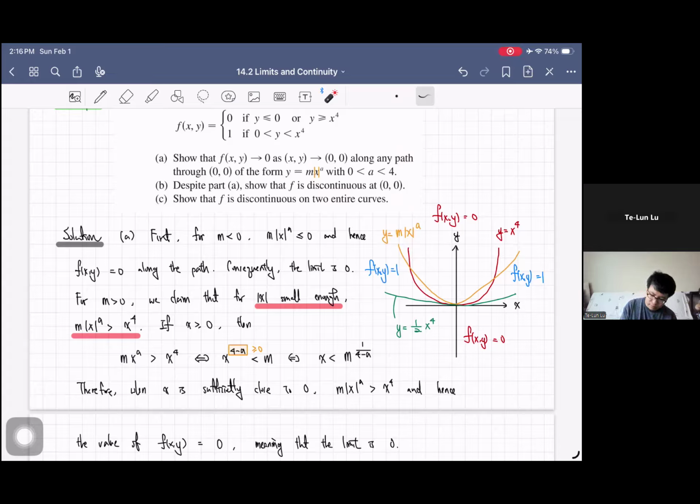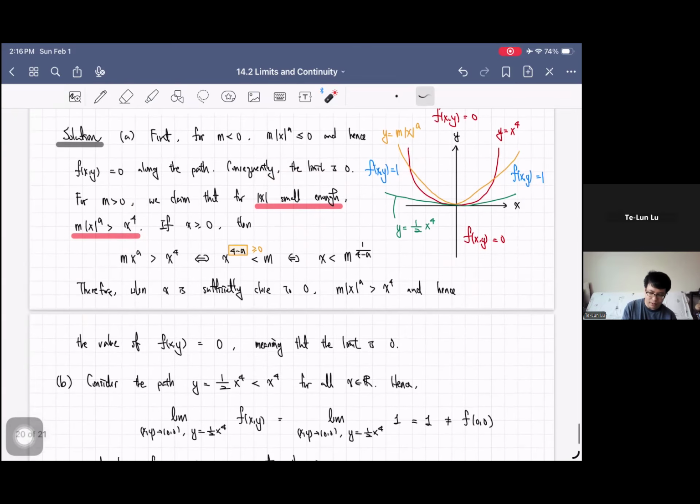So we claim that, as I mentioned, when x is small enough, then the yellow line will always be larger than the red line. And that is very simple to solve. You see that this inequality, m x^a larger than x^4, can be simplified by dividing by x^a, and dividing here, so you get this guy.